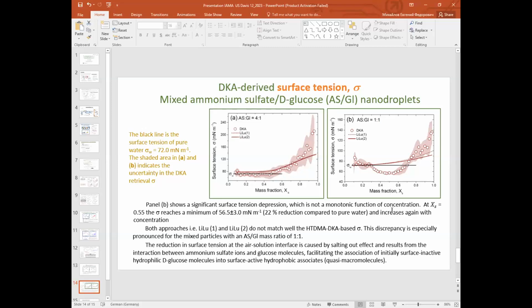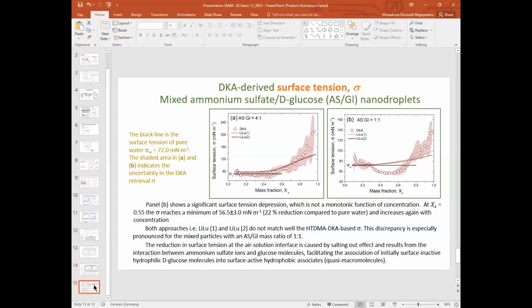It means that we have a specific interaction between inorganic ions and organic molecules, which leads to the formation of a non-polar quasi-macromolecule of glucose, which is not polar and tends to place itself on the surface to decrease the surface energy of the droplet particles.